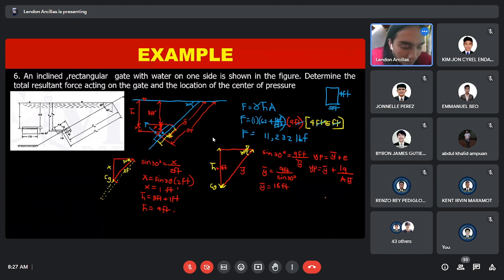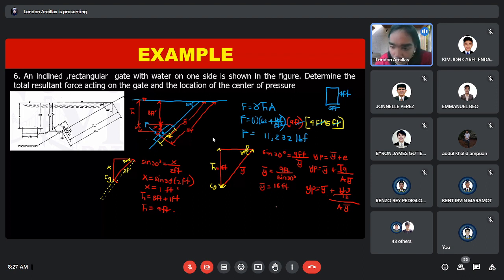So, yp is equal to 18 plus ig natin. This is rectangle formula. Isulat muna natin yung formula. For rectangle, the ig of rectangle is bh cube over 12. Okay? And area times y bar.